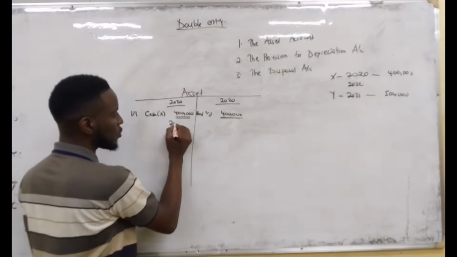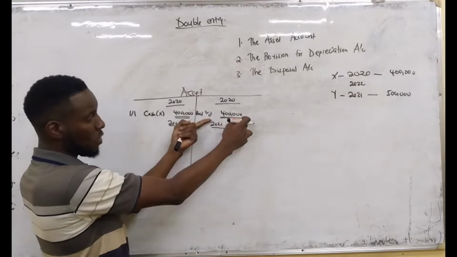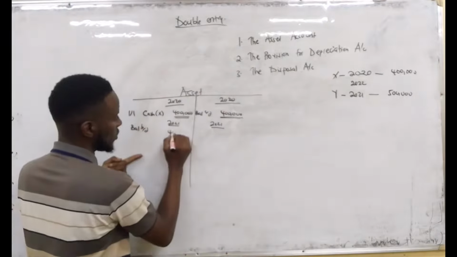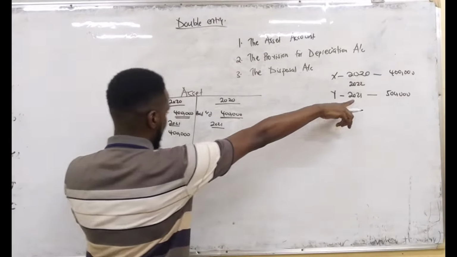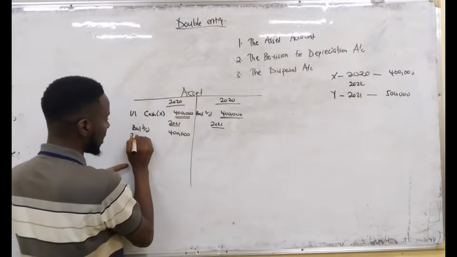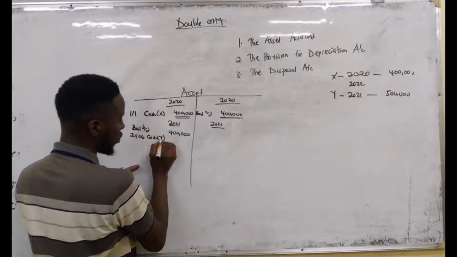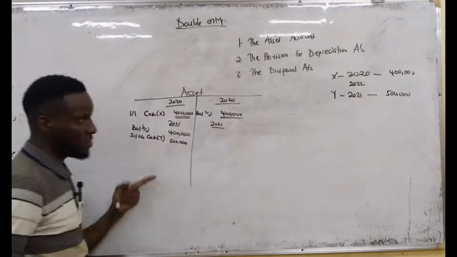Now, when you come to 2021, your balance carried down in 2020 becomes your balance brought down in 2021. Then there was a purchase, let me say it was on the 30th of June. So we purchased using cash. This is asset Y and it was worth 500,000. You see this?